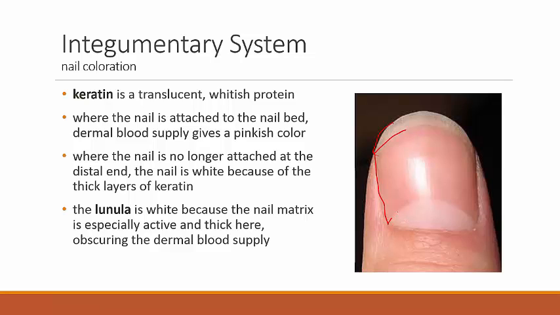The cells at the lunula, underneath the skin, are very active, with lots of growing cells. That thickens the region and makes the pink more white, creating the lunula, because all this activity obscures the dermal blood supply and gives it a very light pink, whitish coloration.